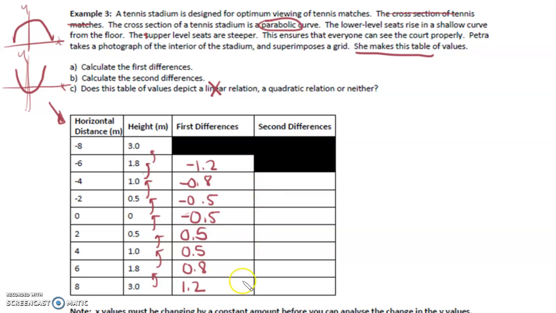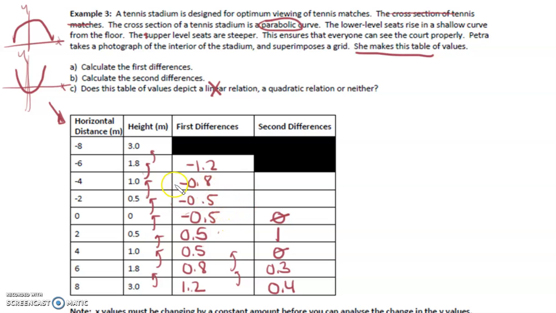Okay, second differences. Let's go up this column and subtract. 1.2 minus 0.8, I get 0.4. 0.8 minus 0.5, I get 0.3. 0.5 minus 0.5, I get 0. 0.5 minus negative 0.5, I get 1. Negative 0.5 minus negative 0.5, again I get 0.